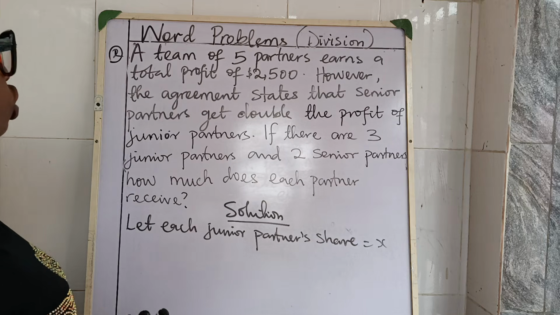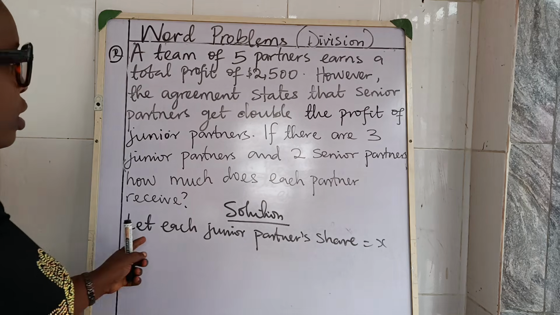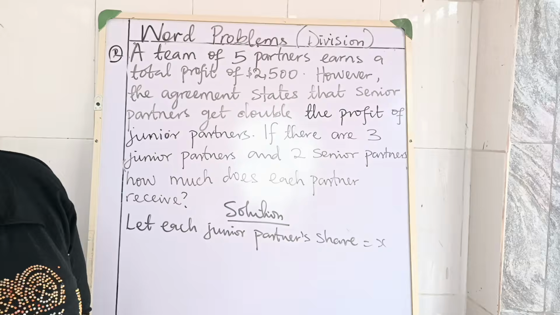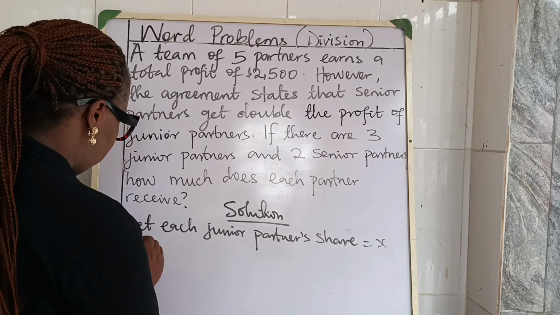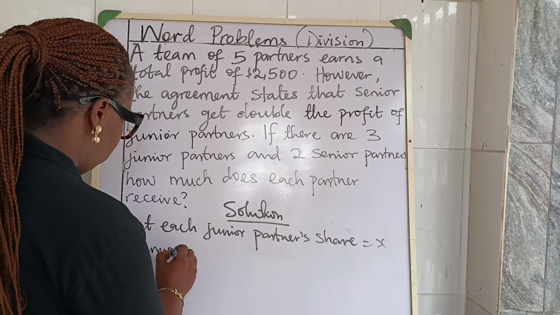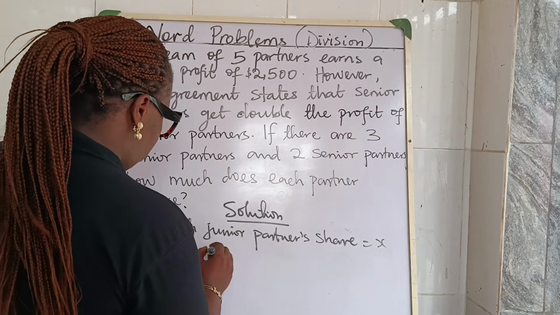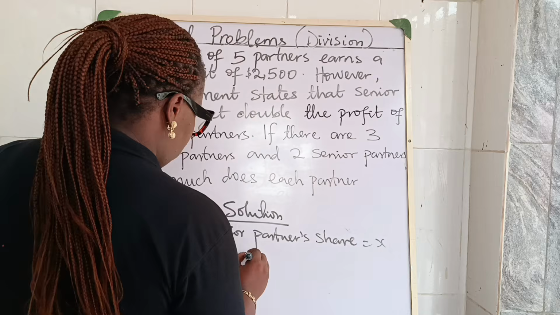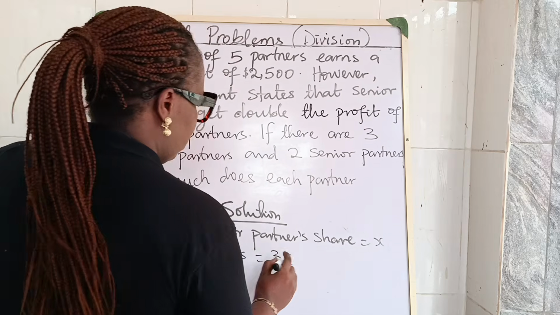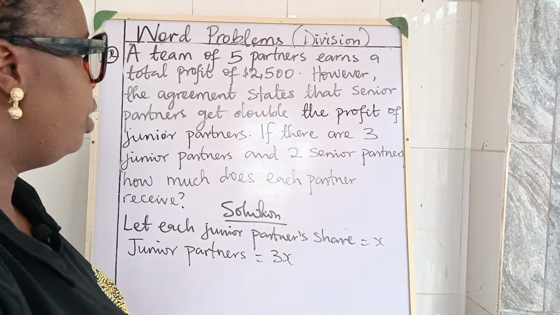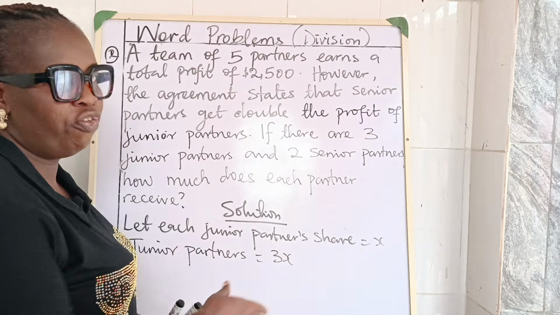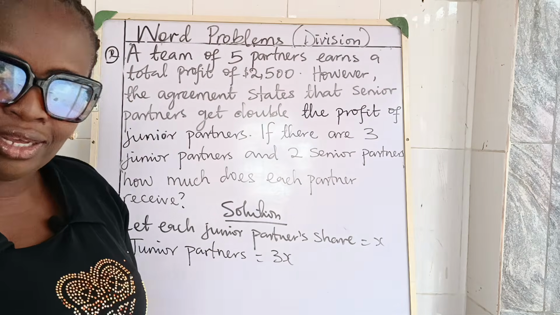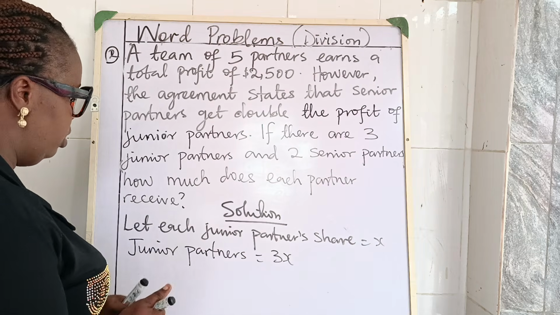So that means junior partners will be what? 3x. The junior partners equal 3x. How did we get 3? 3 is the number of junior partners, and the x is the profit that we are looking for, right? That is why we represented it with x.